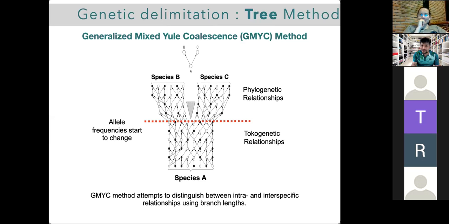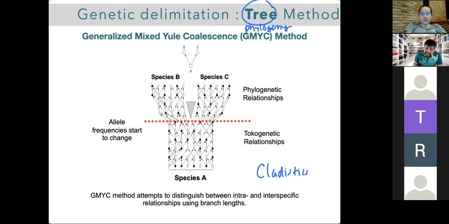Since we learned about the tree, the tree basically comes from phylogeny. This is where I bring back cladistics to you. Remember, in cladistics, if you are the same species, and ask this in the test, why would tokogenetic relationships be different from phylogenetic ones? This is because of gene flow.